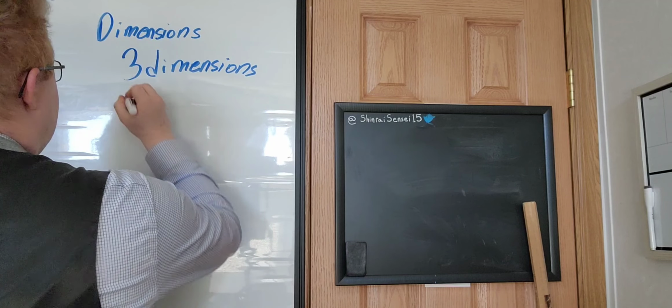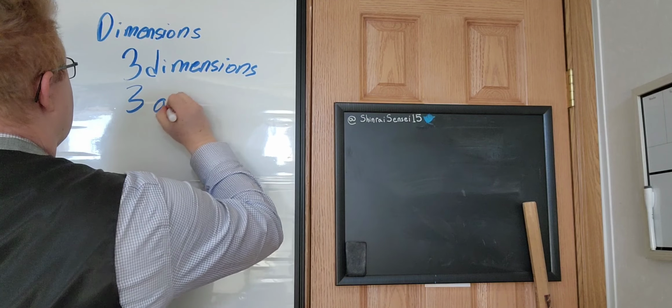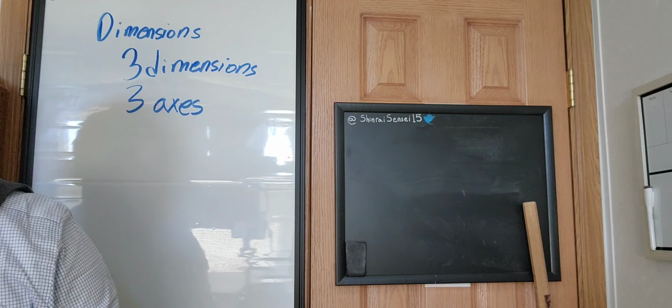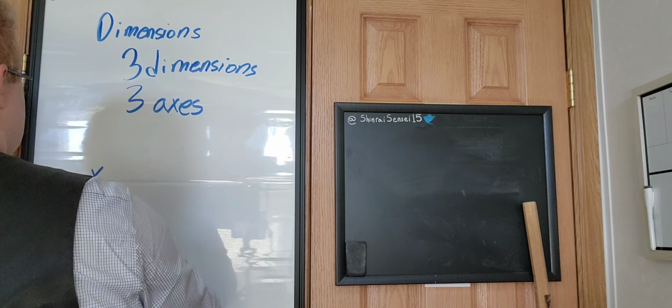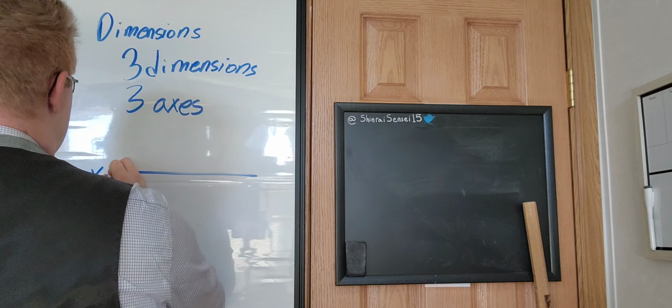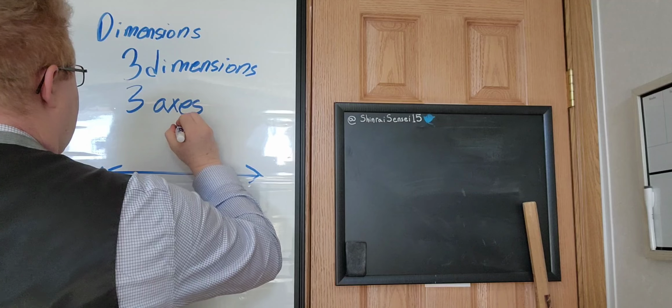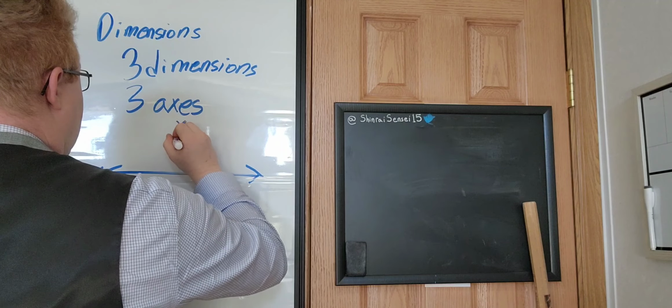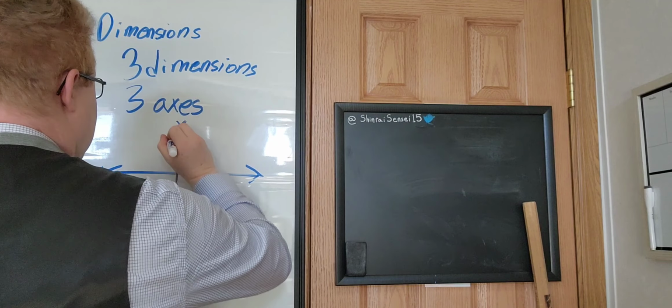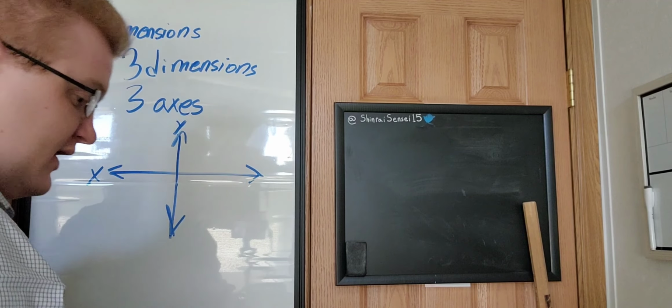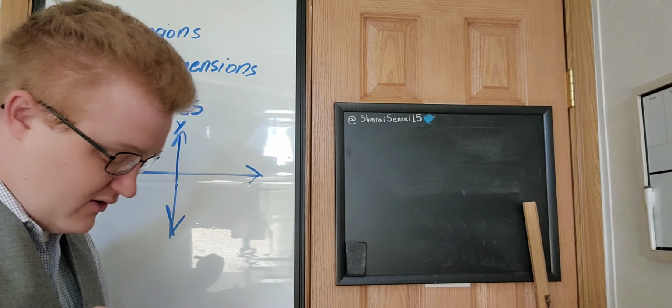And they're on three axes, right? So you have an x-axis, which is this way. You have a y-axis. Let me go ahead and make that a little better. There we go. And then that goes up and down. And then the z-axis is hard to depict.